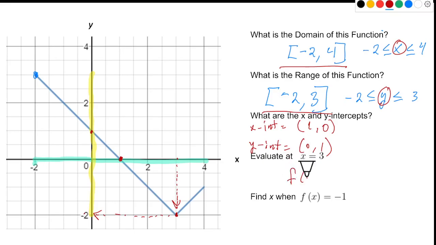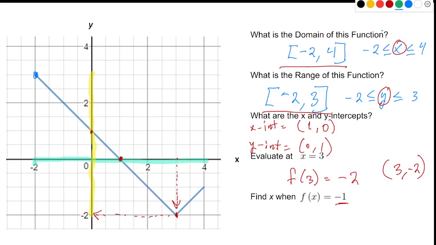So we could say f of 3 equals negative 2. So the point (3, -2) is on the graph. That's really what we're looking at. Now, the opposite works when we're given the output value, the y value, and then we're asked to find the input value. So for this one, let's see, what color haven't we quite used? Let's go with green.